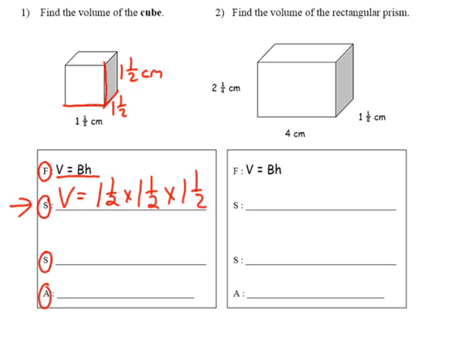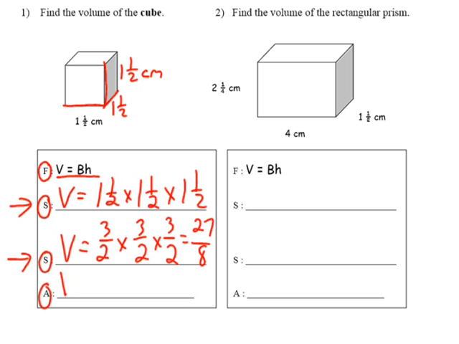So we've substituted. Now we're going to solve. To solve this, we're going to convert all these mixed numbers into improper fractions. And you can't cancel anything out. So if we multiply all the numerators, we get 27. And 2 times 2 times 2 would be 8.